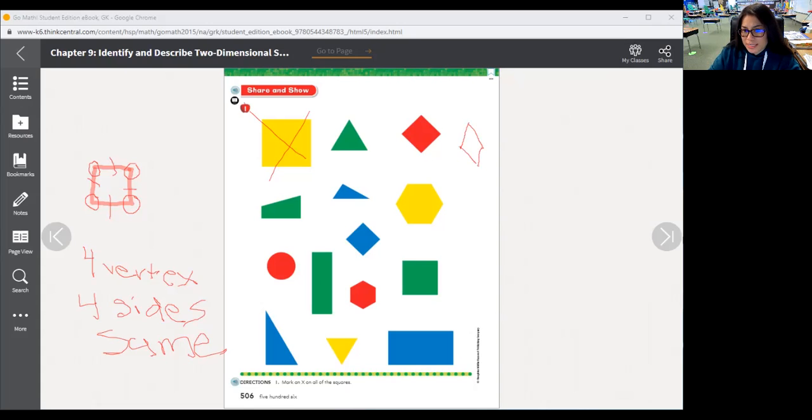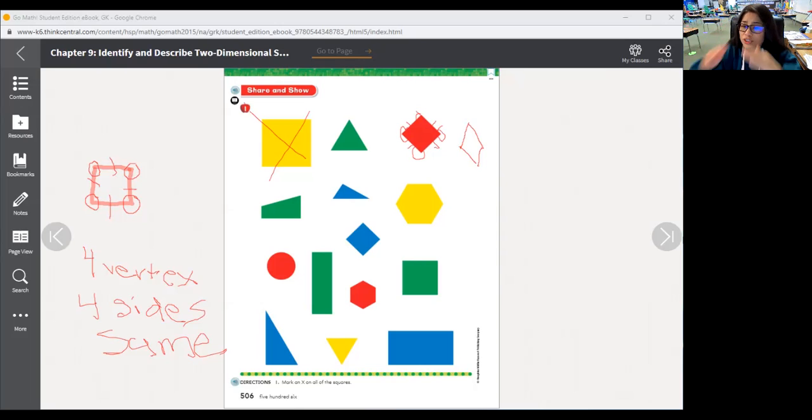This one looks like the sides are all the same. These are all the same sides. And yeah, it has 4 vertex. So yes, it is. Even though the shape has moved a different way, if it still has 4 sides, 4 vertex, and all of them look like the same side, then yes, it's a square. The diamond is a little bit longer, like a little bit skinnier.